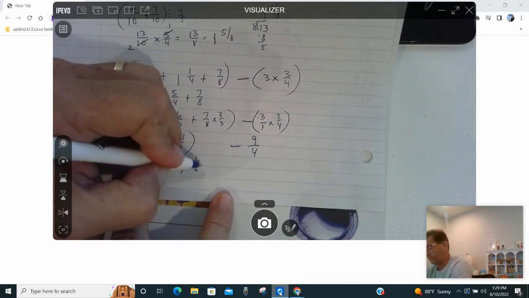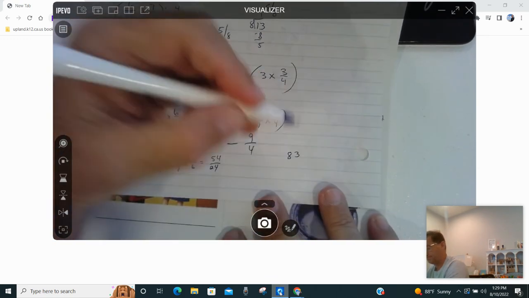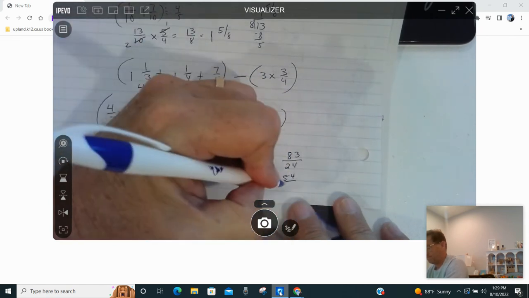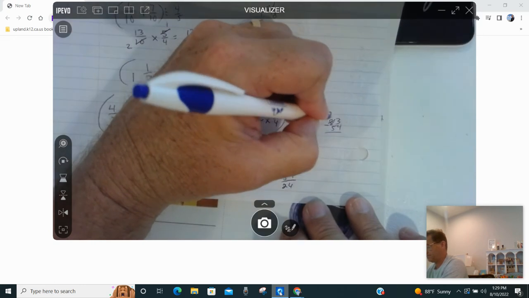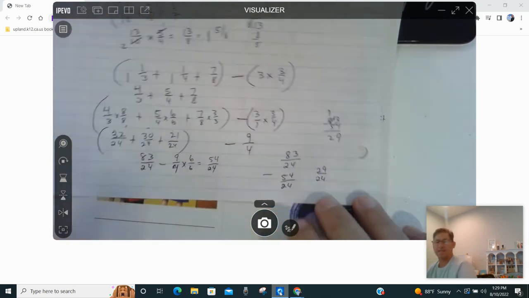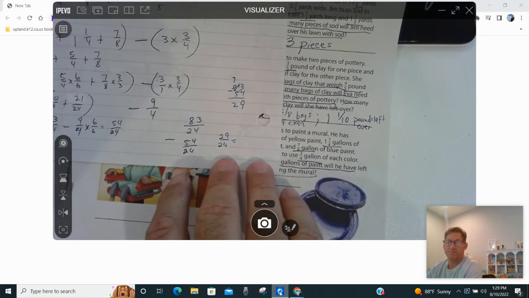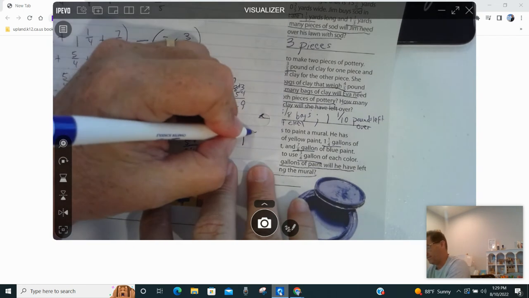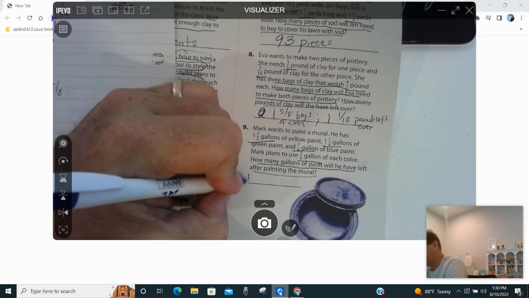Multiply 9/4 by 6 over 6, and we have 54 24ths. 83 minus 54, 29. If we change 29 24ths into a mixed number, I can take 1 from 29 with a remainder of 5. So 1 and 5/24 gallons will be left.